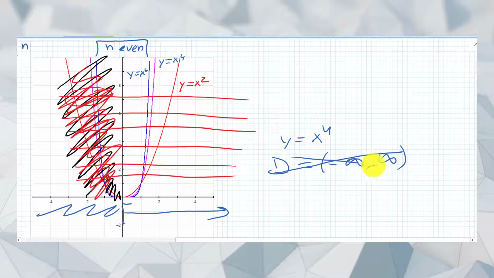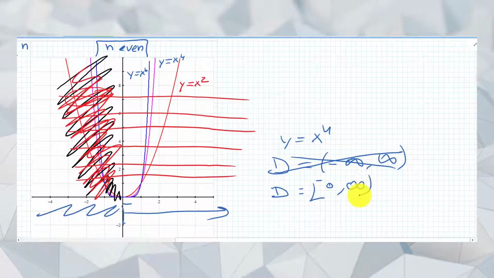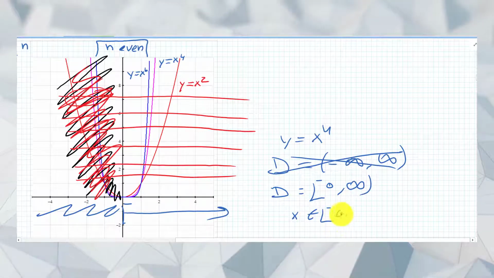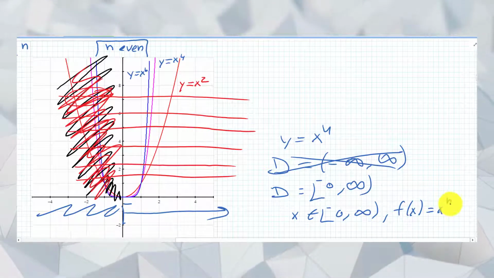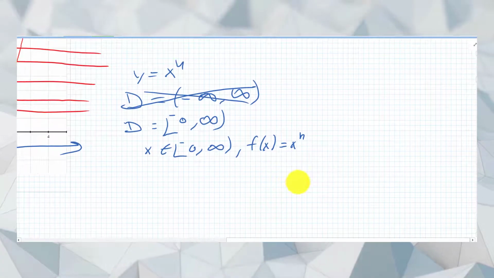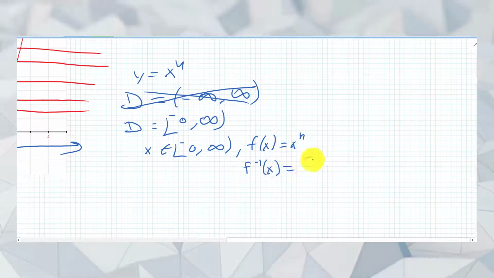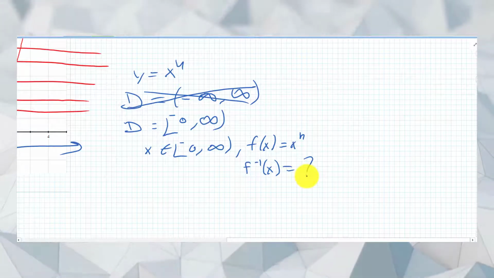So my new domain is going to be 0, infinity. And for x's in 0, infinity, the function x to the n is one-to-one. Therefore, there is an inverse function. Okay, and the question is, what is the inverse function? That's what we're about to define now.